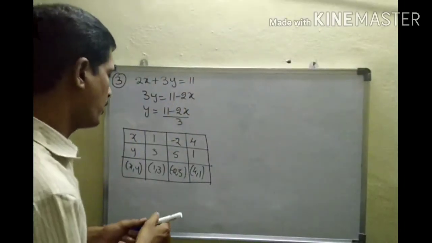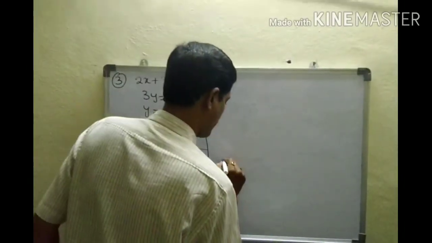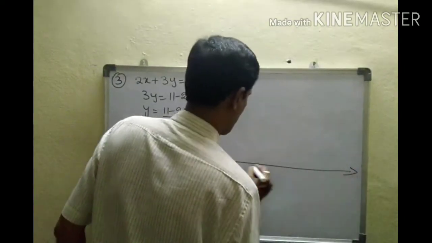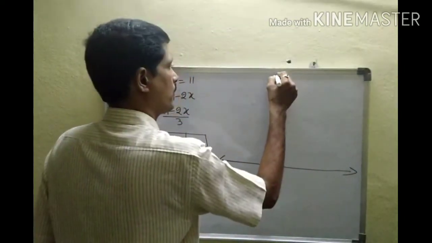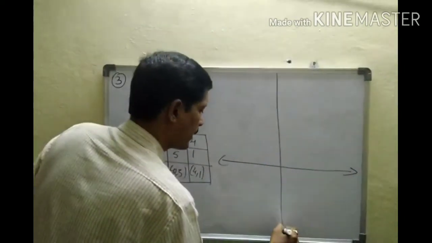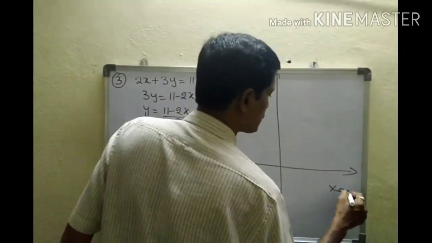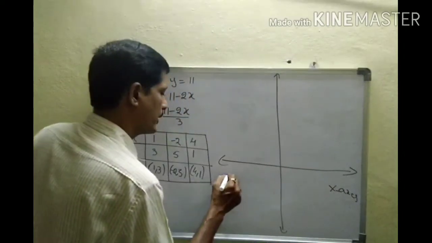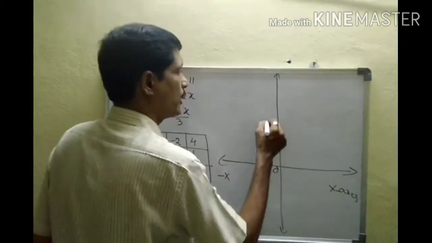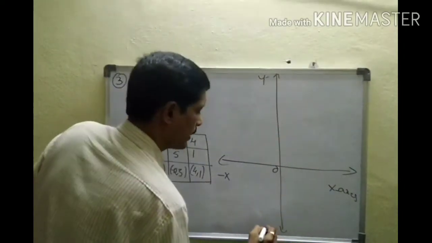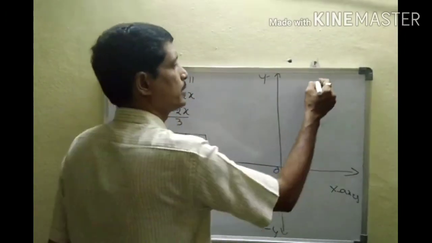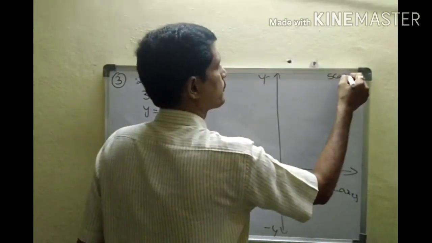Okay, here draw the horizontal line. Draw the vertical line. Here the horizontal line is the x axis and negative x axis, and this is the y axis. Here negative y axis. Here write a scale.